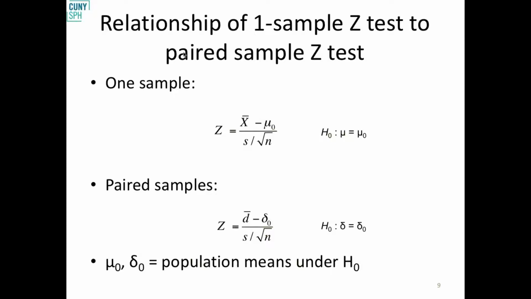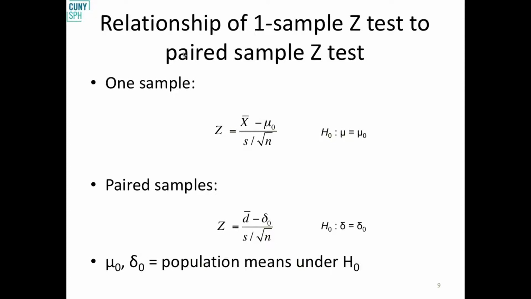If the drug had no effect, instead of looking at each individual's before value and after value, let's only look at the difference, right? So if the drug had no effect, what would you expect the average difference between the person's blood pressure before and after to be? 10, 20, 30, 40, 70?